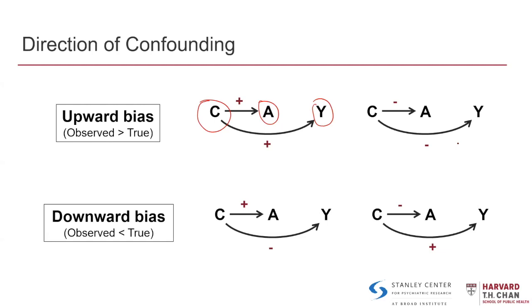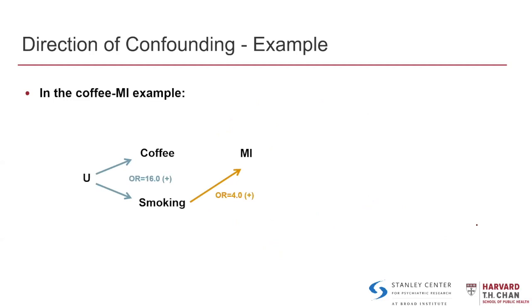And sometimes we may have a downward bias where the observed association might be smaller than the true effect, which in this case, the confounder could be positively associated with our exposure and negatively associated with our outcome, or the confounder could be negatively associated with our exposure and positively associated with our outcome.